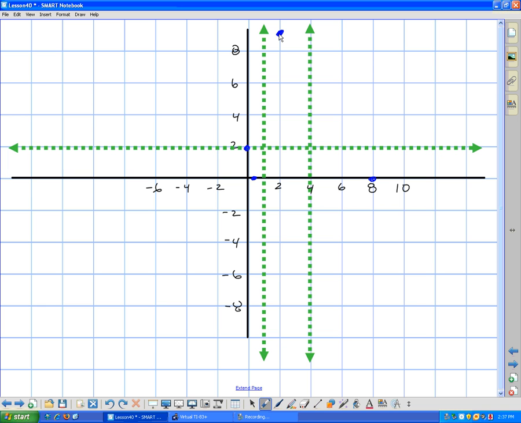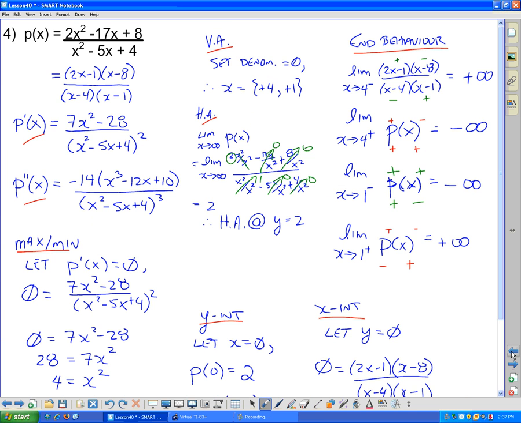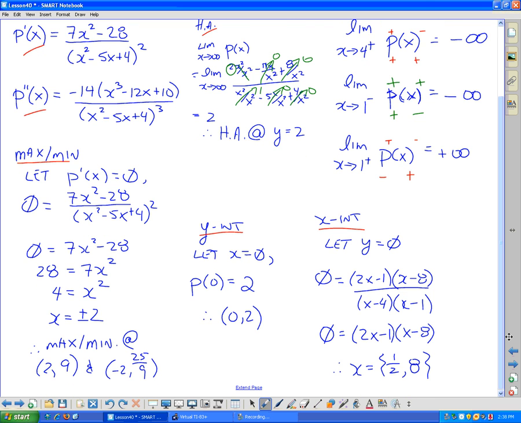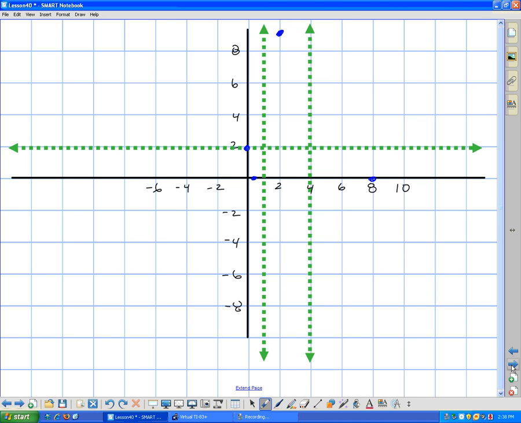Just be careful when you're looking at my graph here, match up my scale. And (2, 9) was the one max min, and (-2, 25/9). I know that 3 times 9 is 27, so it's pretty much 3. So (-2, 3), so it's in this area here somewhere.